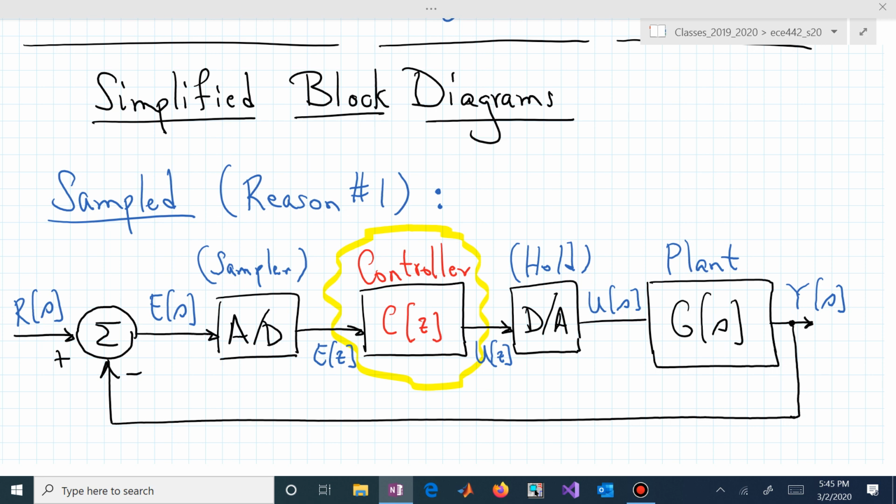That's the D to A, the digital to analog conversion. So that A to D and D to A we need to worry about, but we would have those in place. All we are doing is converting that analog electronics and replacing it with a digital system. C of S to C of Z. That's reason number one.